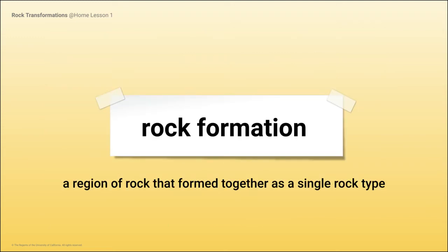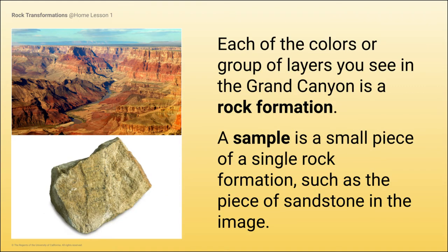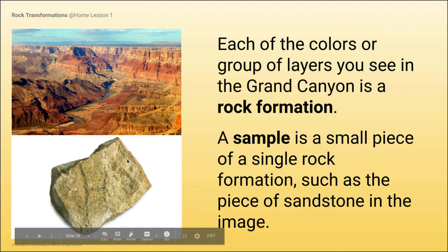So a rock formation is a region of rock that forms together as a single rock type. So it happened at the same time, approximately. Each of the colors or groups of layers you see in the Grand Canyon is a rock formation.